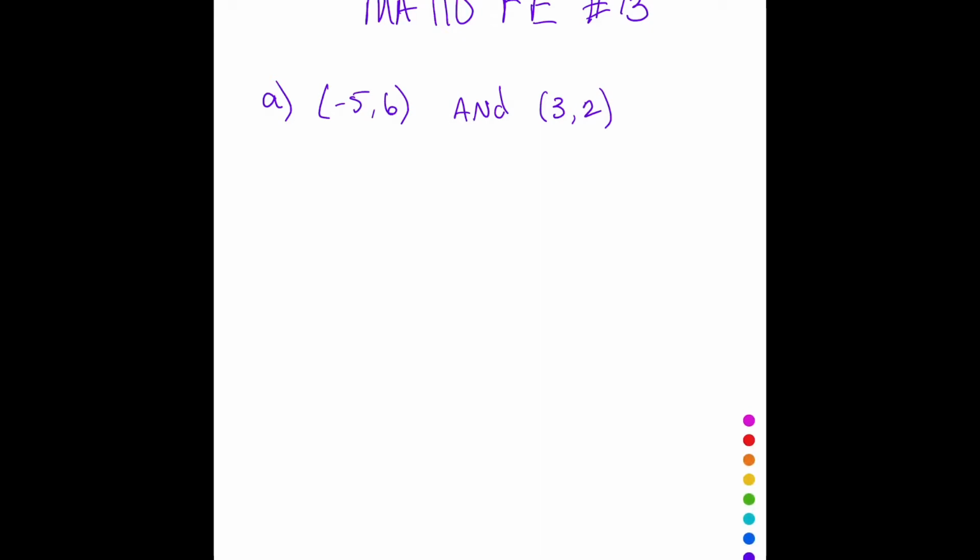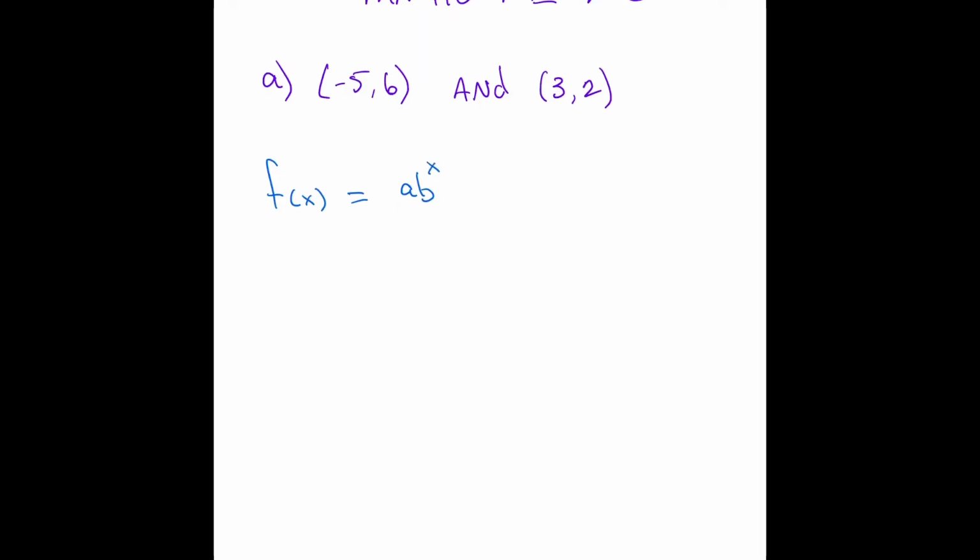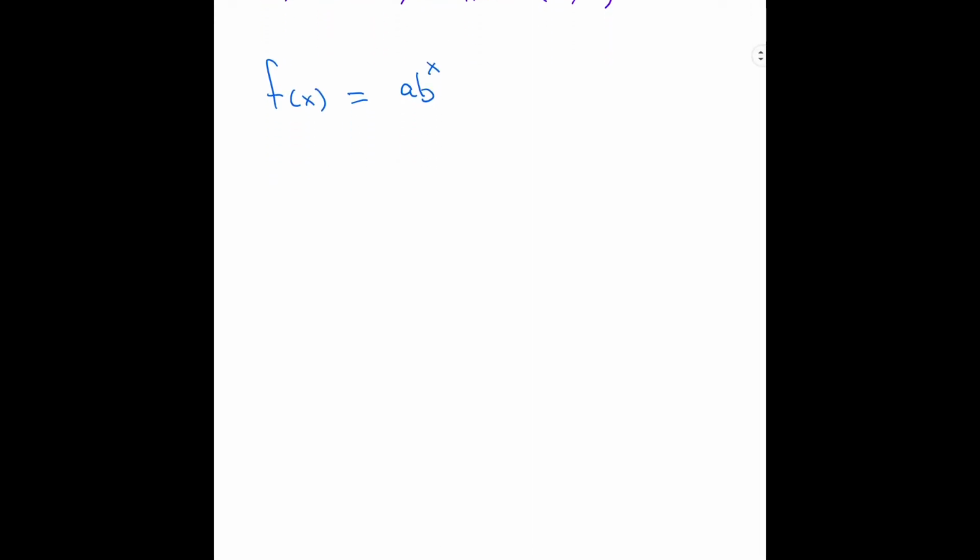The important thing to remember here is the equation for an exponential function is f(x) = ab^x. When I have the point (-5, 6), that means x is equal to -5 and y is equal to 6.